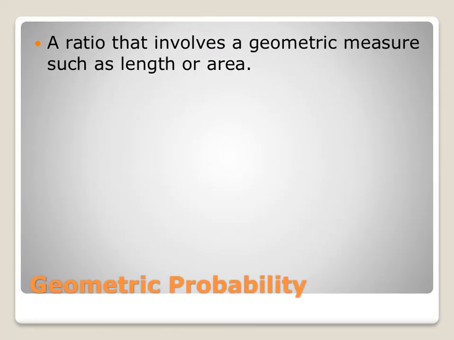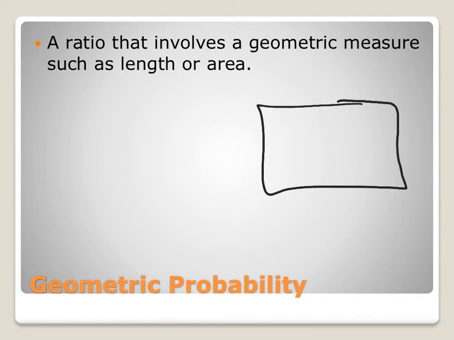So here, this is also more of the definition. Probability is a ratio that involves a geometric measure such as length or area. Let's say I have an example of a rectangle and then a smaller rectangle. Let's say the larger rectangle has dimensions 6 and 8, and let's say the small one is a square. Let's just say it's 2 and 2.